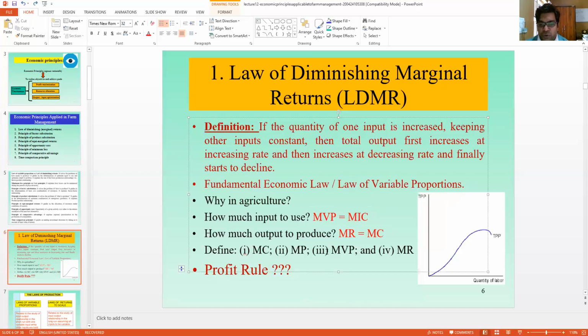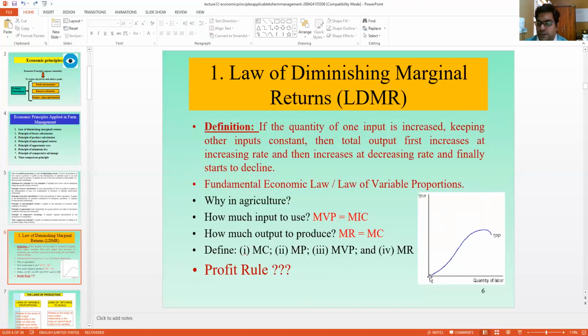So the farmer has to keep on using inputs till the point when MVP is equal to MIC, right? The farmer has to stop having output when MR equal to MC. How can the farmer stop having output? By stopping inputs, right? So this is what is law of diminishing marginal returns, or law of diminishing marginal utility, or law of variable proportions or fundamental economic law or law of life.